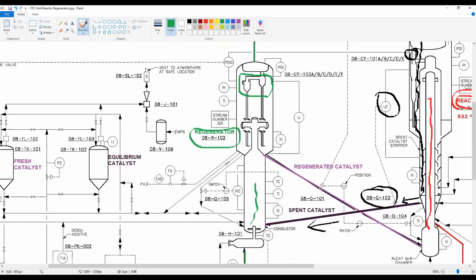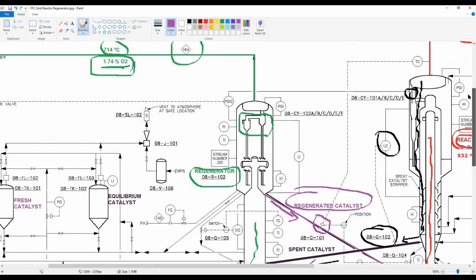So the regenerated catalyst that we have here in purple will return to the reactor. Okay, through this line it will go to this reactor. Here we have this other very important valve, that is the 08Q101, that will be regulated by the temperature control in the reactor.